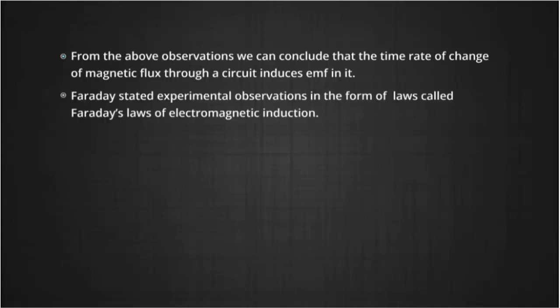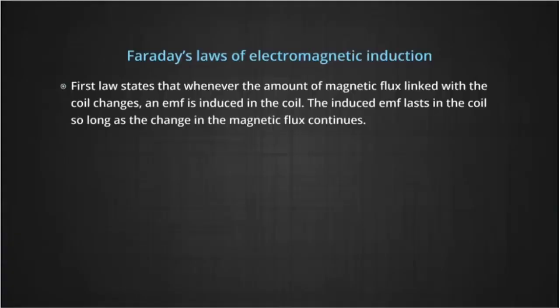Faraday stated experimental observations in the form of laws called Faraday's laws of electromagnetic induction. Faraday's laws can be stated as follows. First law states that whenever the amount of magnetic flux linked with the coil changes, an EMF is induced in the coil.